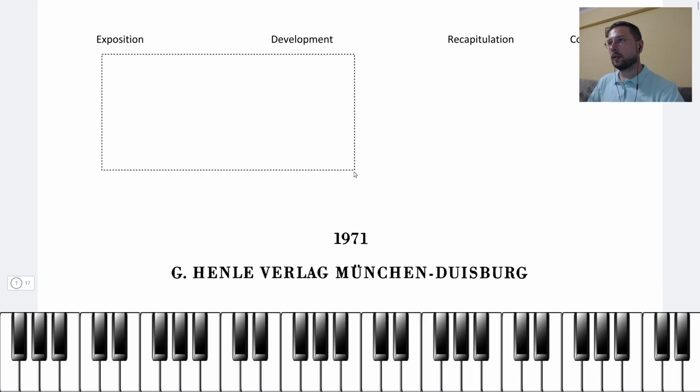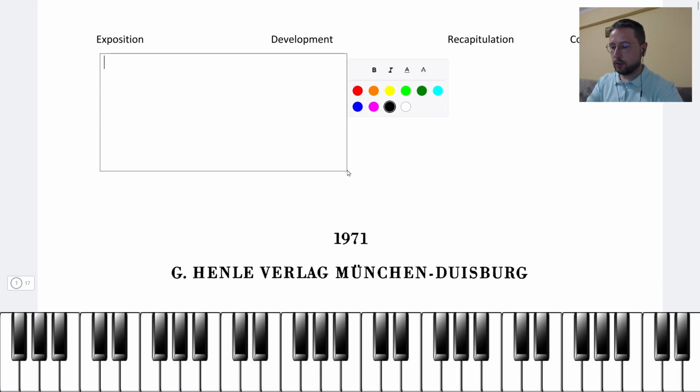Now, what is inside each of these parts? In the exposition, generally we'll encounter two thematic groups. The first thematic group will be A, theme A. Usually it's one, but you can, in certain cases, encounter more than one. Then we'll have a transitional section, which is usually called transition or bridge. There are different ways you can label it.